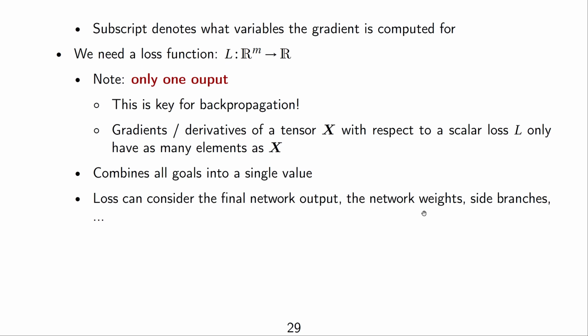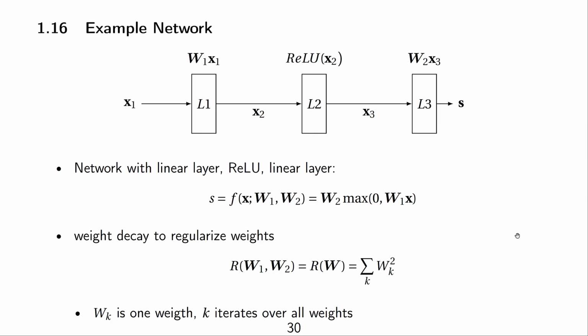All network weights are often connected to the loss, and there could be side branches computing some auxiliary terms that also contribute to the loss. So it helps to think of connections from everywhere within the network being formed to this loss computational node. The loss affects almost the complete network simultaneously.